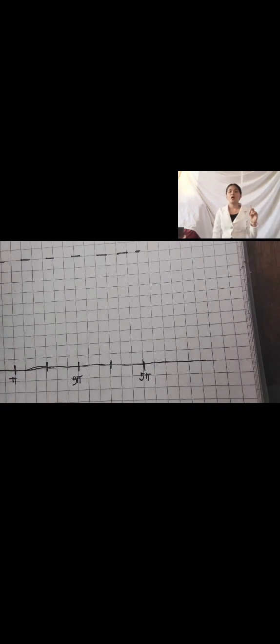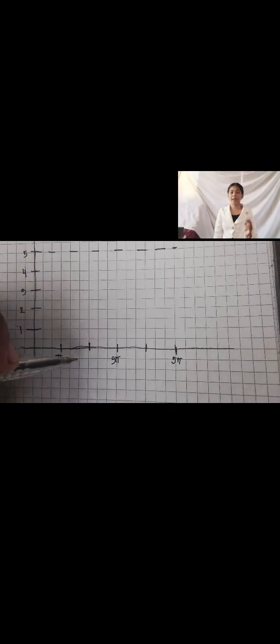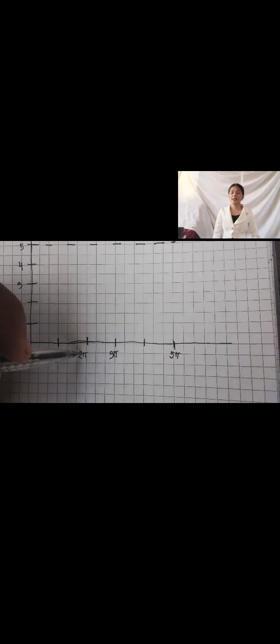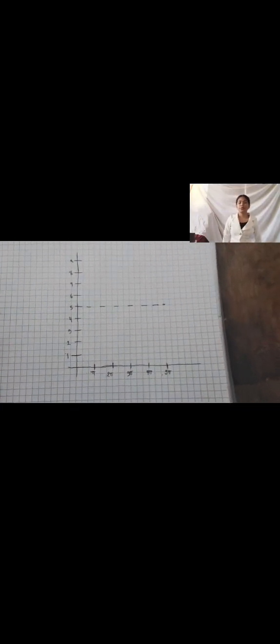Then it will go pi, then 2 pi, then 3 pi, then 4 pi, and 5 pi. In the graphing, we need to plot the period. So after that we can trace. It will be the guide for us.